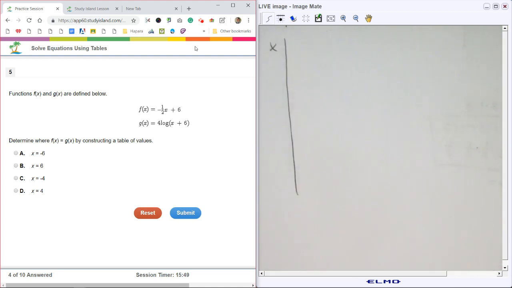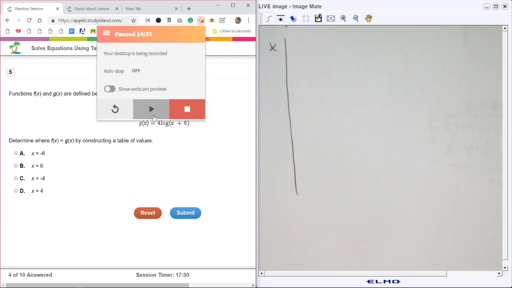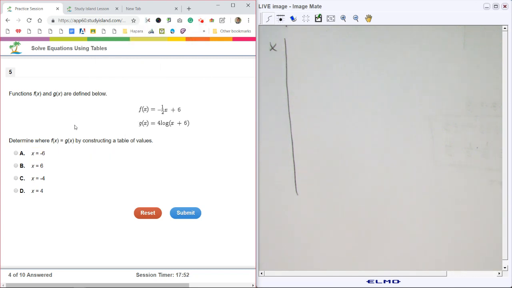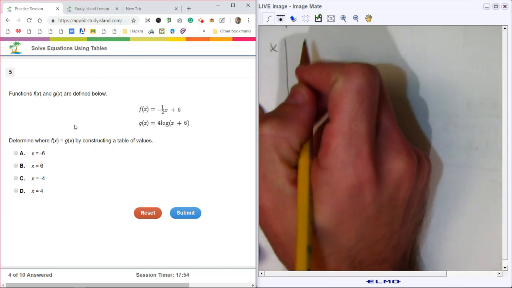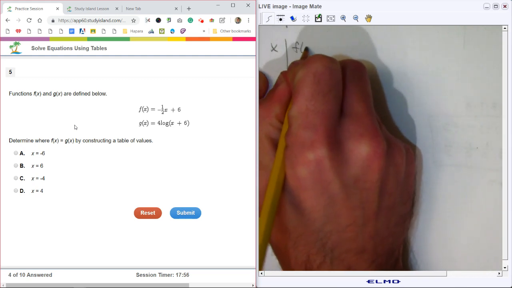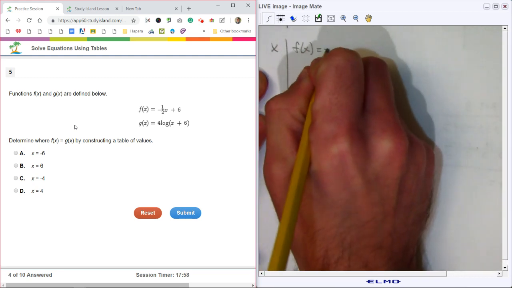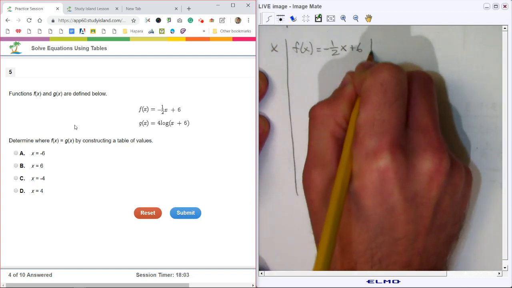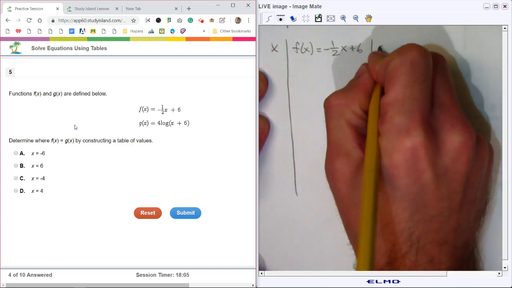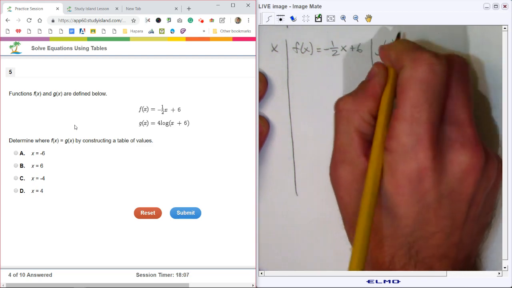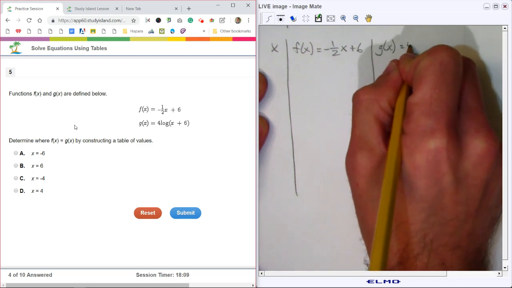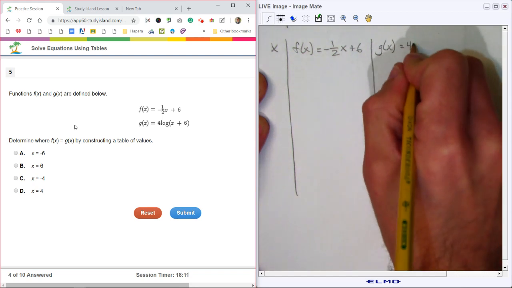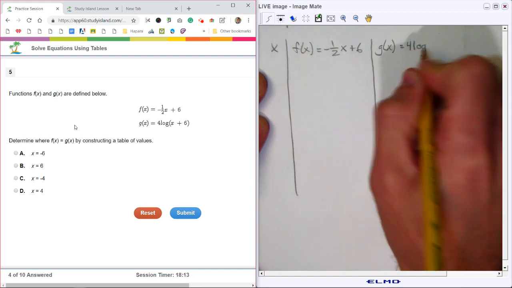The first function, f of x, is equal to -1/2 x plus 6. And our other function, which is g of x, is equal to 4 log of x plus 6.